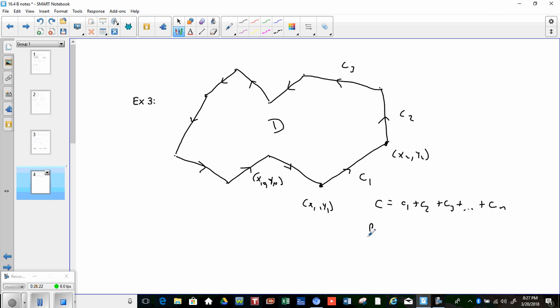And then if I took the line integral of those, line integral of C1 plus the line integral of C2 plus the line integral of C3, all the way up to the line integral of the last one, well, what that's going to give us is the area of the polygon.